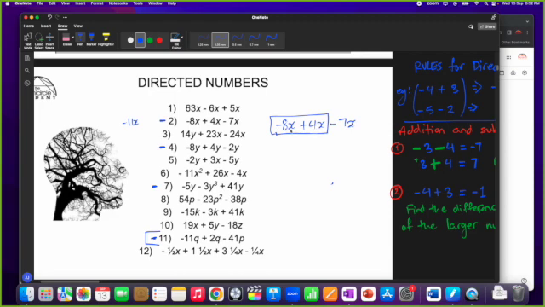The signs are different, so you find the difference. You keep the sign of the larger number, and don't forget your x. I think that is where you were forgetting, Joseph. You forgot either the p's or the q's or something, right? And then you have the minus 7x. Now the signs are the same, so when the signs are the same, you add them and you keep the sign.